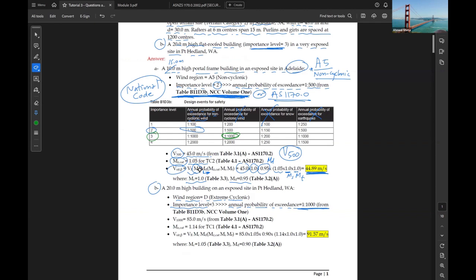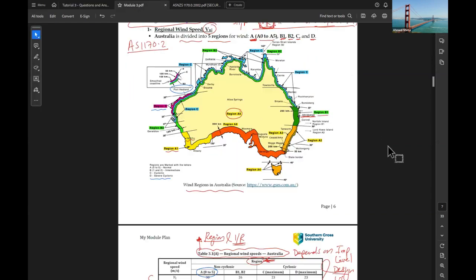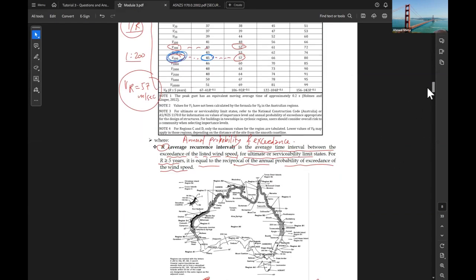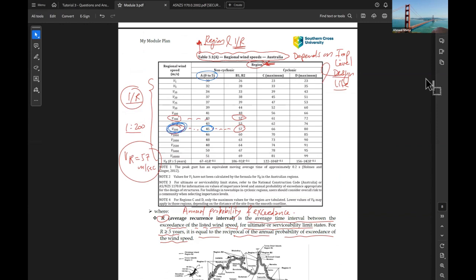So we are looking at VR equal to V1000. If we go to the regional table, V1000 and cyclonic, so how much is the speed?